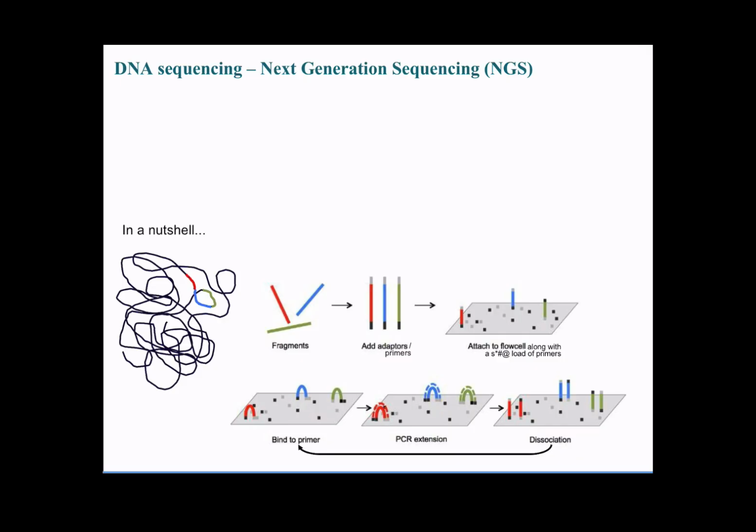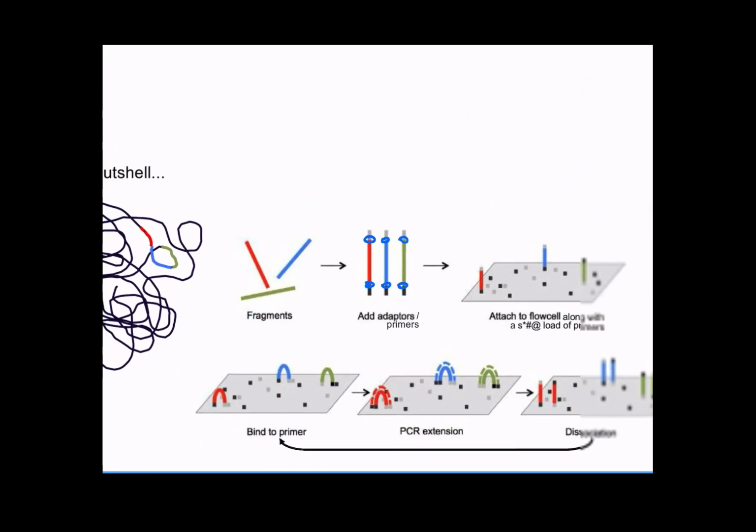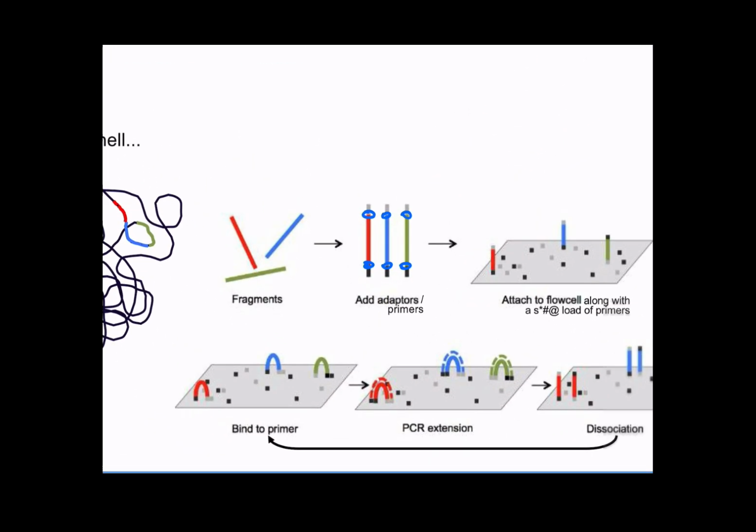They're not annealing based on base complementarity. They're being stitched to the end, on both ends of each fragment, biochemically, right? There are these enzymes and reagents that will force stitching of these primers to both ends of each fragment.